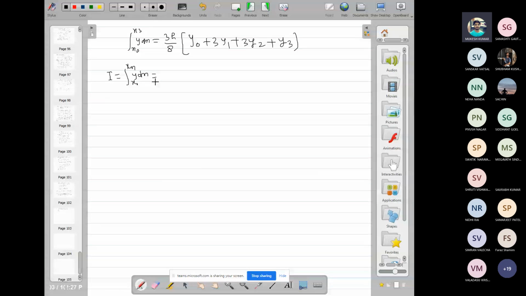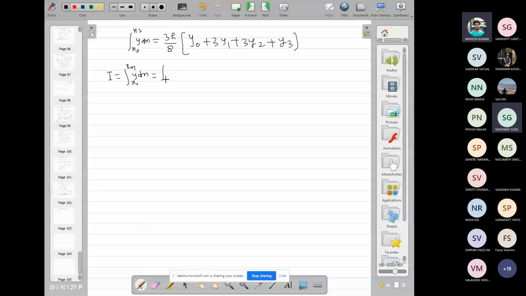So then this can be written as the integral from x0 to x3 of y dx plus the integral from x3 to x6 of y dx and so on, plus the integral from x(n-3) to xn of y dx.